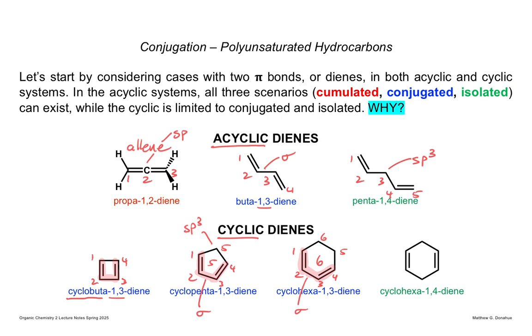And then isolated is cyclohexa-1,4-diene, so 1, 2, 3, 4, 5, 6, and either way they're separated by an sp3 hybridized carbon atom.